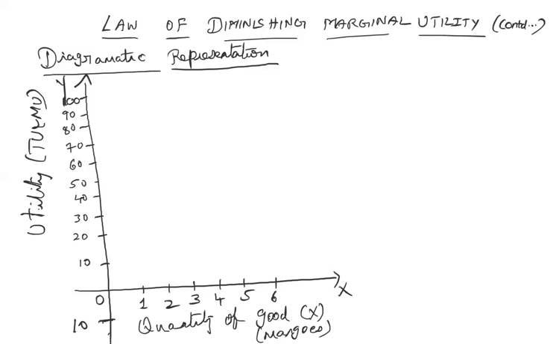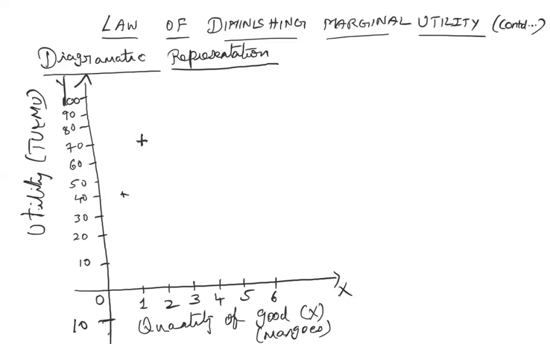First, let us plot the total utility curve. As per our example, the first unit, the consumer is getting 40 utils. Second unit, 70. You can draw neatly with the scale and pencil.